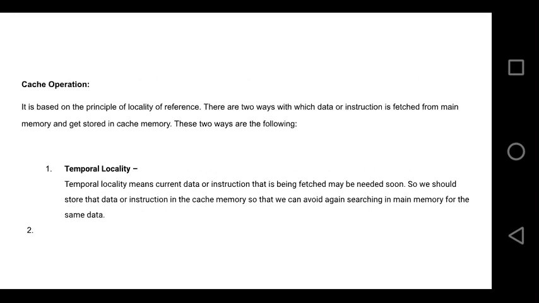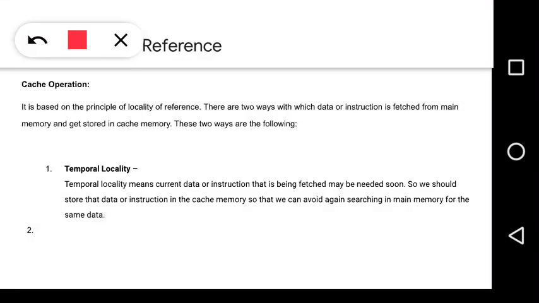Temporal locality means the current data or instruction that is being fetched may be needed in the near future or soon. So we should store the data or instruction in the cache memory so that we can avoid searching in main memory again for the same data.